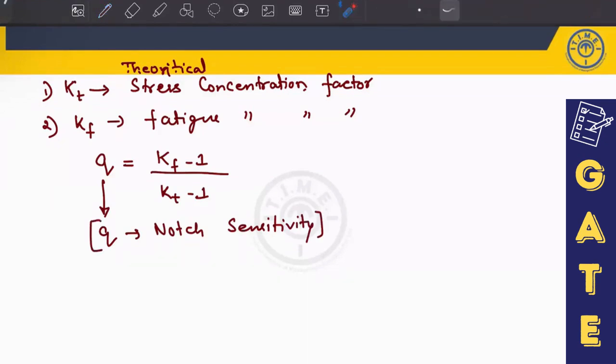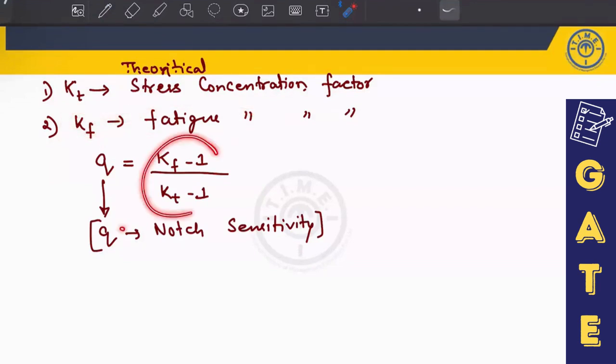The stress concentration factor means whenever you see any kind of geometry variation, the stress will be concentrated at that particular point. That means there is a rise of the stress. This is the theoretical concentration factor. But in actual practice, the component is subjected to fatigue loading, that means the load magnitude or direction is changing. That's why we have to consider the fatigue stress concentration factor.